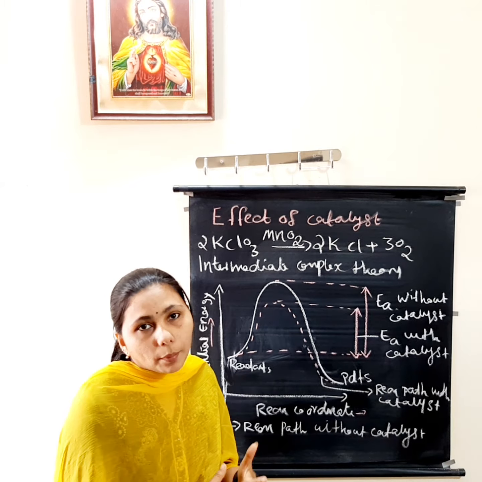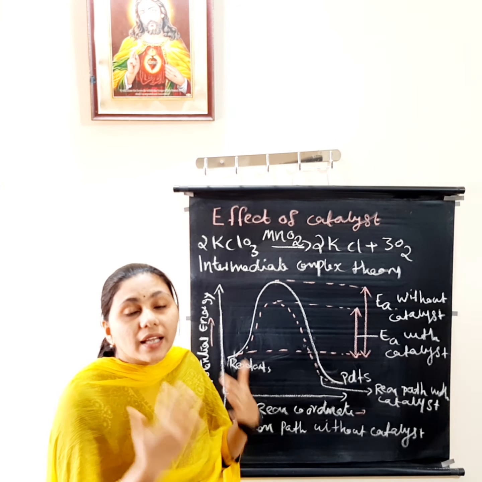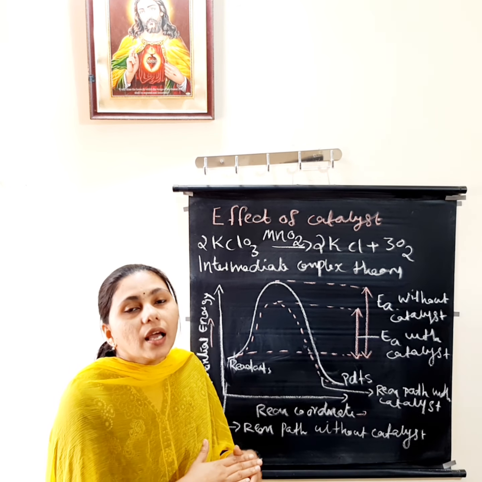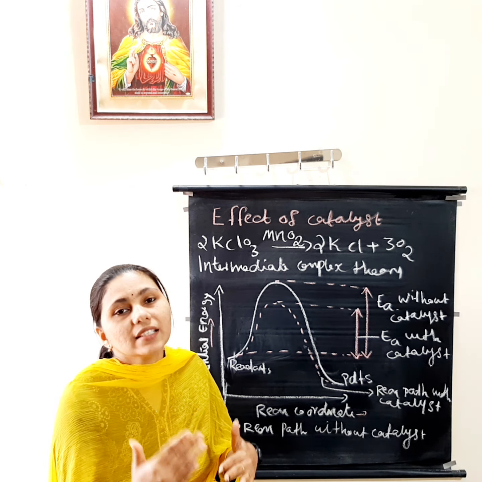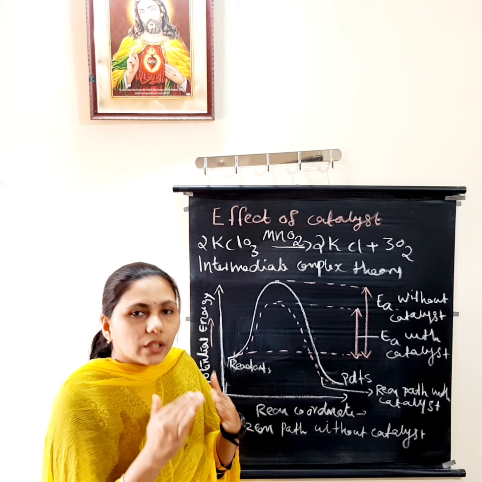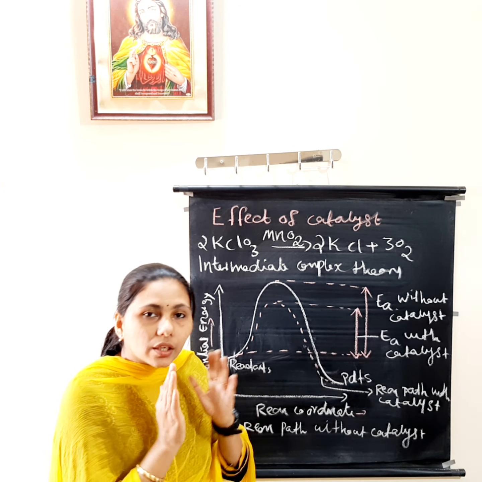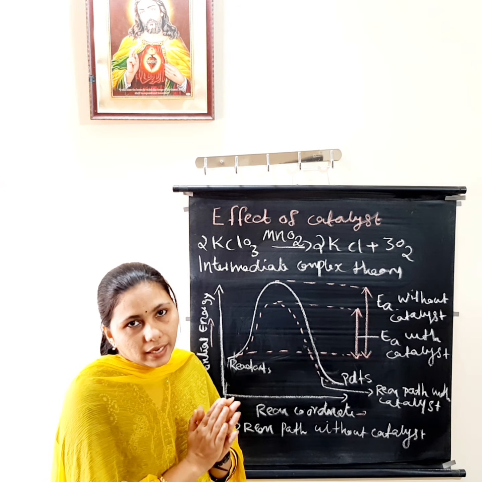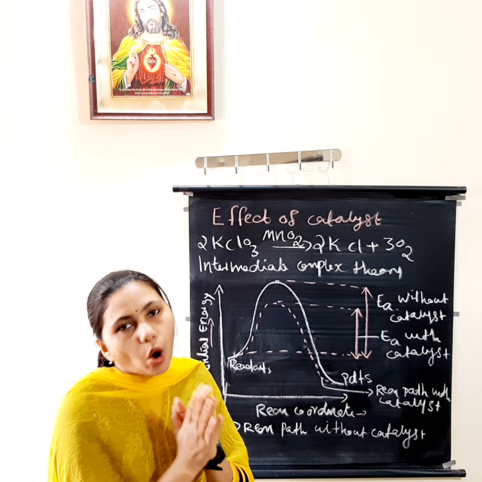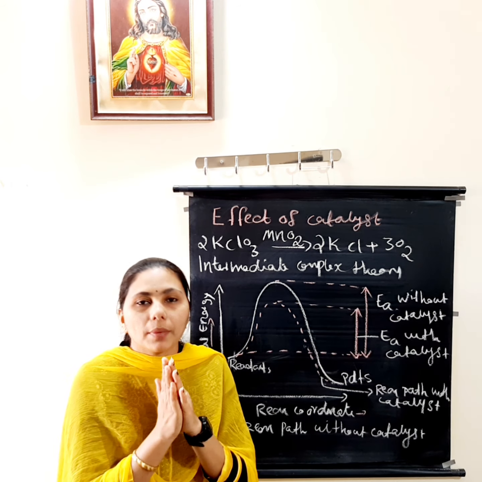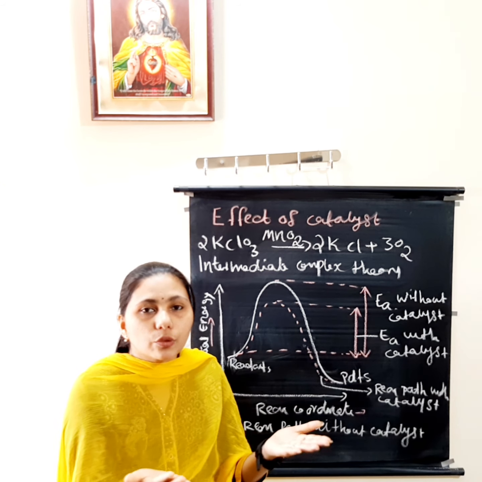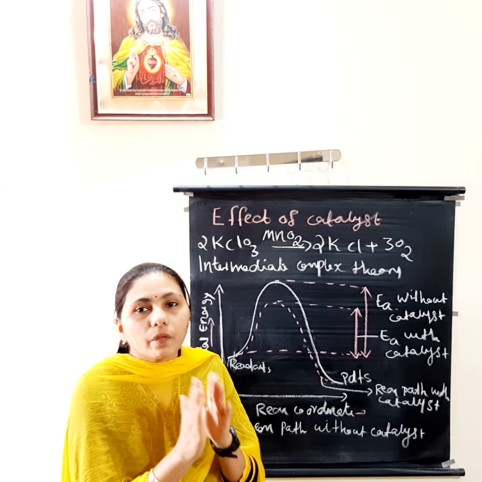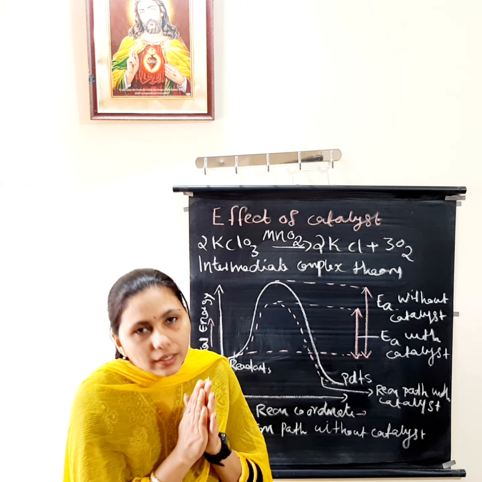That intermediate complex is very unstable, highly unstable, and it will dissociate to give the products and the catalyst, which we can recover. First, the catalyst reacts with our reactant and forms an intermediate complex. That intermediate complex is which one? Unstable, and this intermediate complex dissociates to form which one? Our products, and we can recover the catalyst.